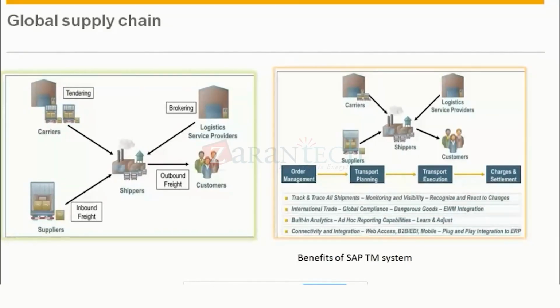So these four things, source location, destination location, cargo, and means of transport, make up your entire transportation process, because all are very tightly integrated with each other. And without this, the transportation process cannot be realized in practice.